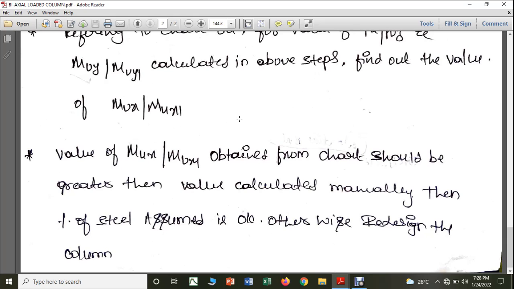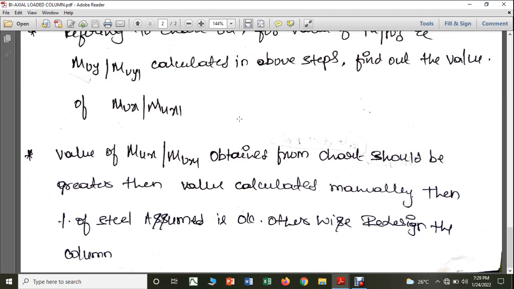You have to assume the percentage of steel, and only after assuming it will you come to know whether it is sufficient or not. If you have 1 or 2 or a maximum of 10 columns, then each individual column you can design like this by making some iterations.